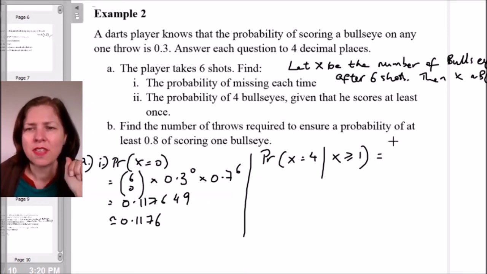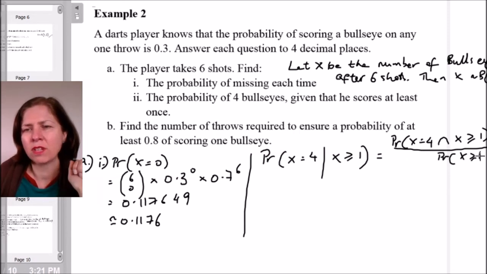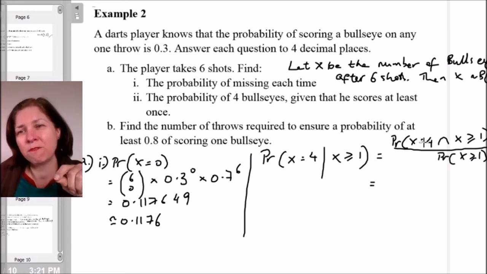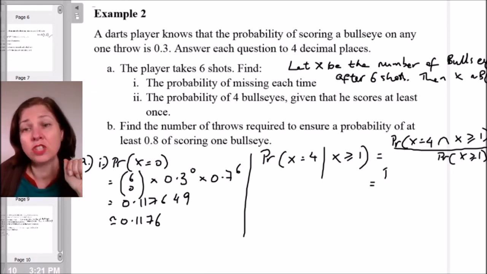Okay, so that means we want the intersection, this line of working is required, the intersection of x equals 4 and x is greater than or equal to 1 over the probability that x is greater than or equal to 1. And the intersection of x being 4 and x being bigger than 1 is just x being 4.